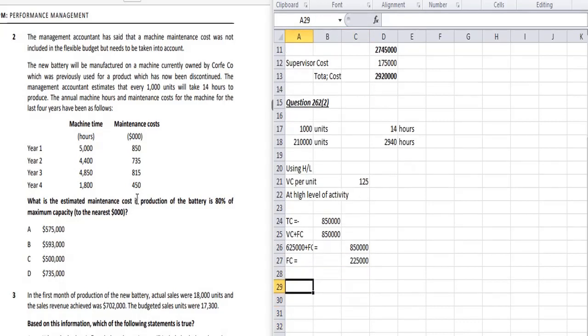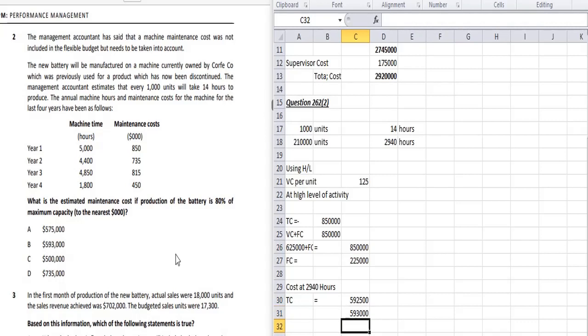Now we have the fixed cost and variable cost per hour. So the cost at 2940 hours: total cost equals variable cost of 125 times our activity level of 2940, plus fixed cost of 225,000. So overall our cost is 592,500. The question has told us to calculate it to the nearest thousand, so if we convert, it will be 593,000. Okay.